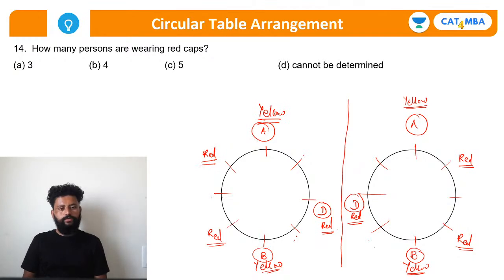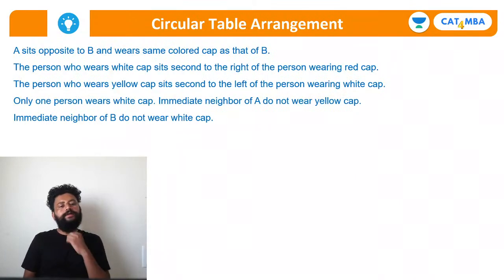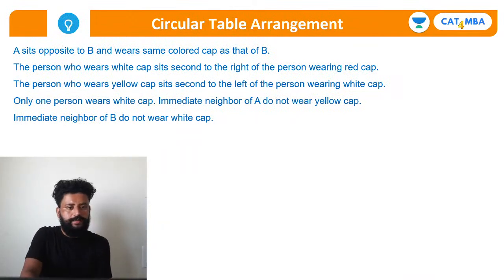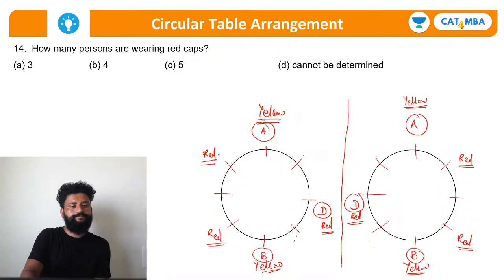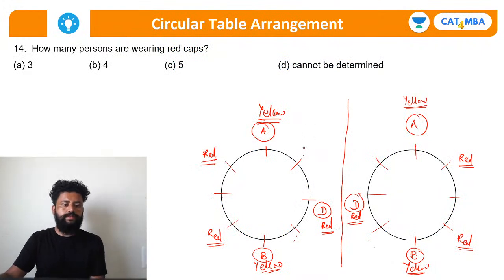Now we cannot have red or the immediate neighbors of A do not wear yellow cap. A के नेबर्स येलो नहीं पहनते, ये तो रेड ला लिया हमने, तो ये फॉर श्योर व्हाइट होगा. Hopefully you are getting.